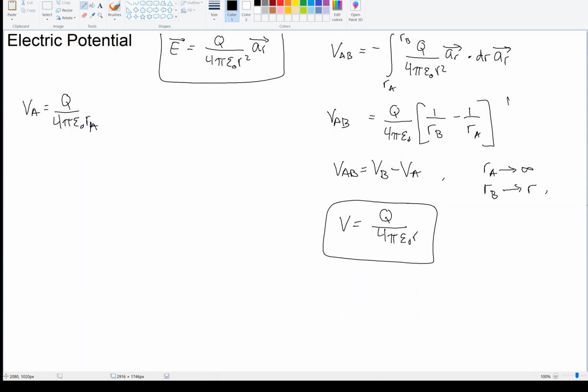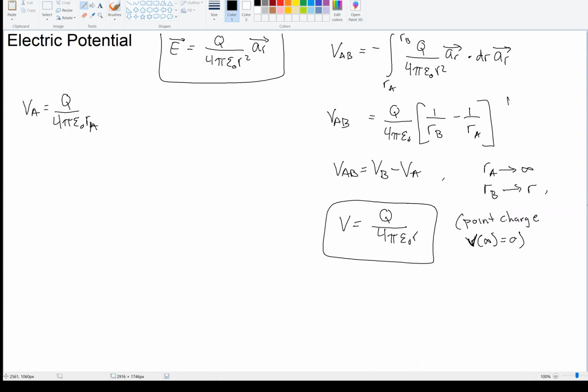Notice it's a scalar, right? It's not a vector. So to some degree, working with potentials is simpler. It's easier to work with them compared to electric fields. And again, I want to make it clear, this is with a point charge and we're saying the voltage at infinity is 0.